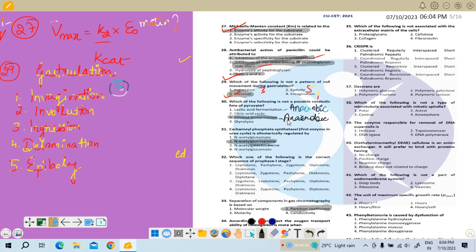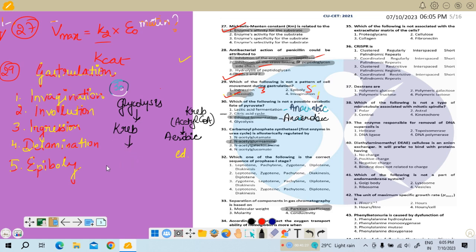Then citric acid cycle, that is the Krebs cycle. So Krebs cycle starts with acetyl coenzyme A, and acetyl coenzyme A comes under aerobic. So if you know the sequence, first we have glycolysis, after that Krebs cycle, that is the TCA, tricarboxylic acid or citric acid cycle.